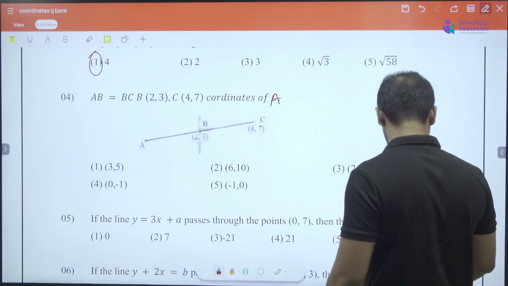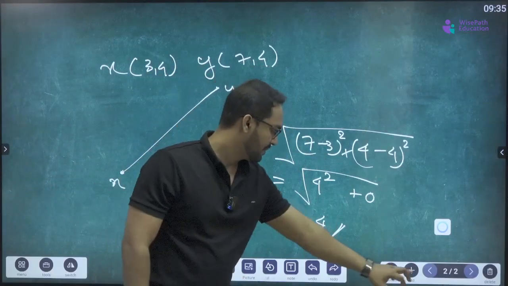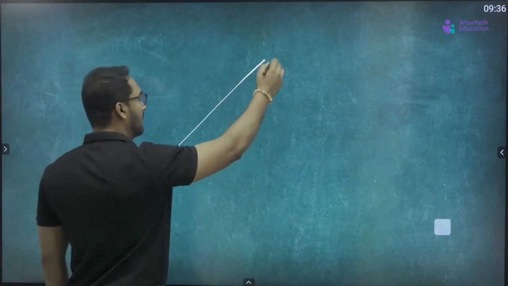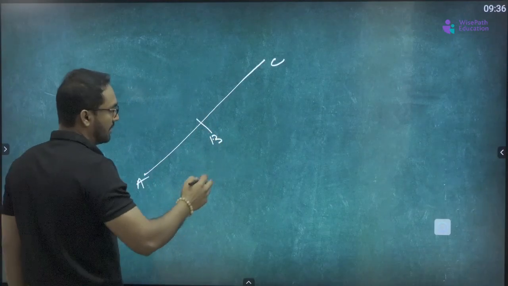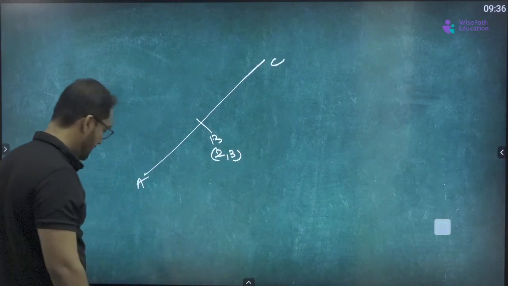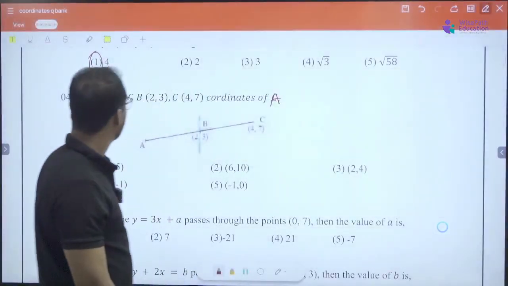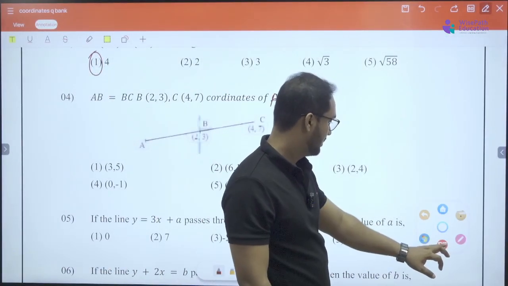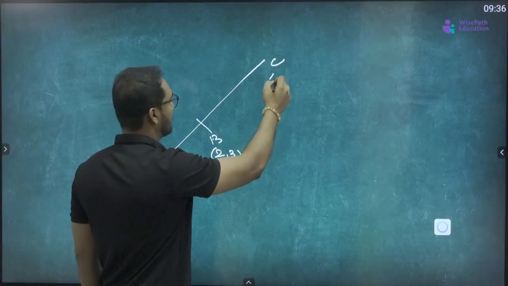It's a straight line, A and C are the endpoints and B is the midpoint. The B coordinate is 2, 3 and C is 4, 7.